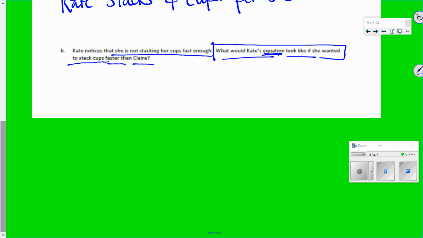What would it be? Okay, good. They use T, but I could see why you would put S for seconds, but they're doing the time in seconds. Very good. Any questions? Nice job on that.